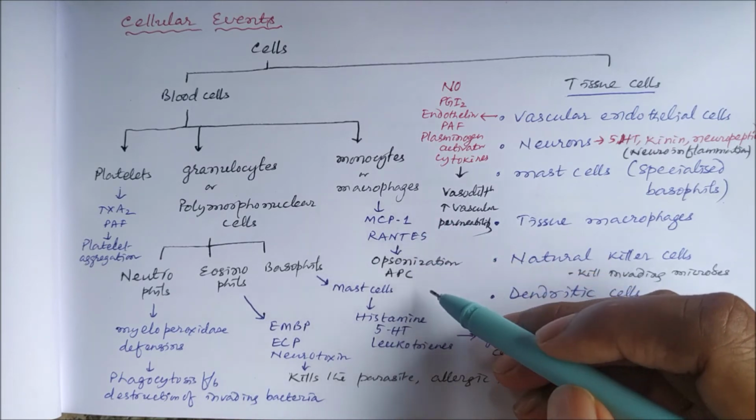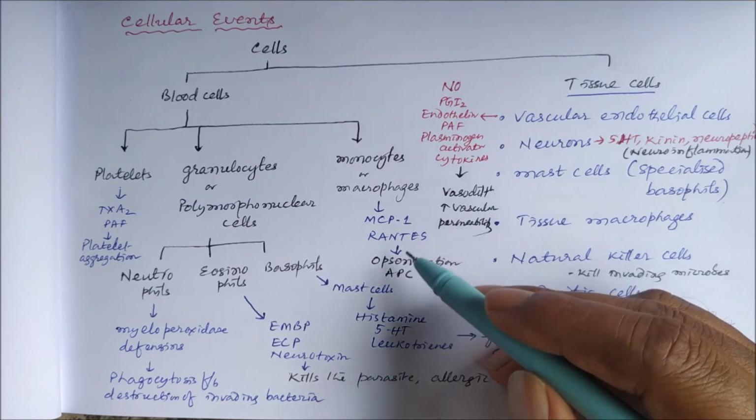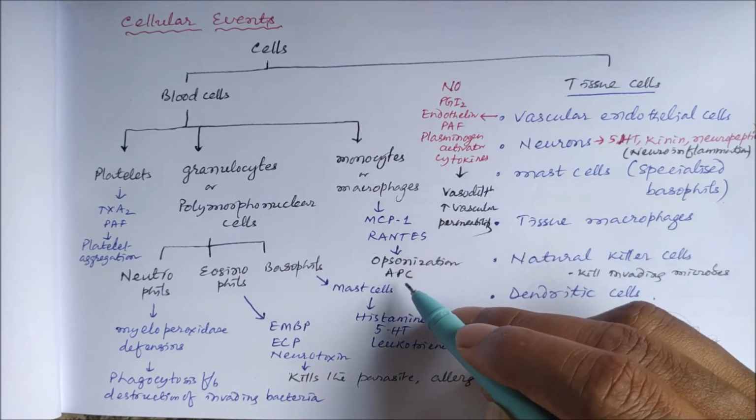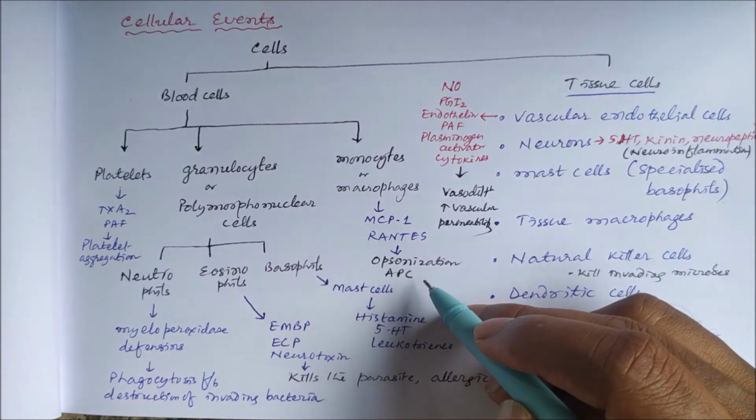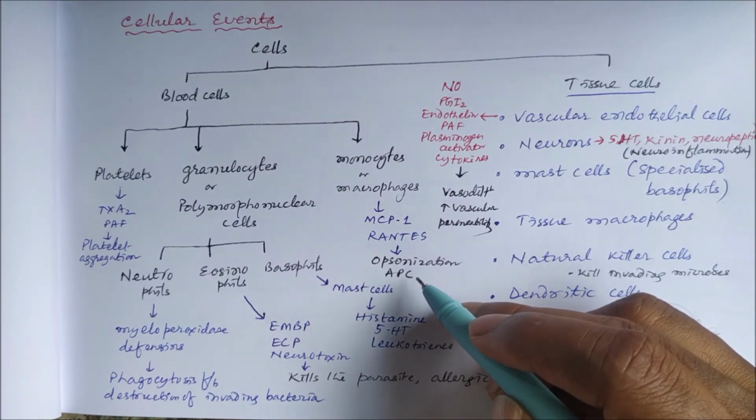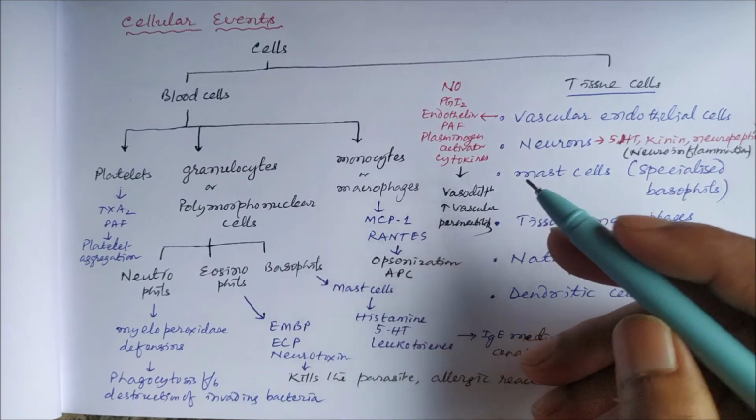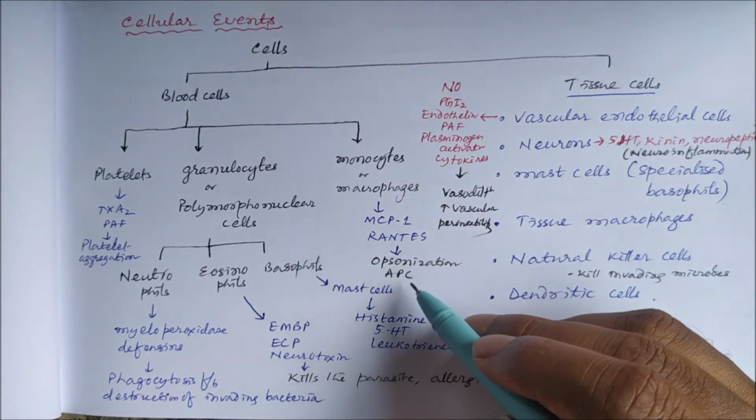And some of the macrophages are converted to dendritic cells, and they act as antigen presenting cells. That means they present the antigen so that the T lymphocytes can act on them.